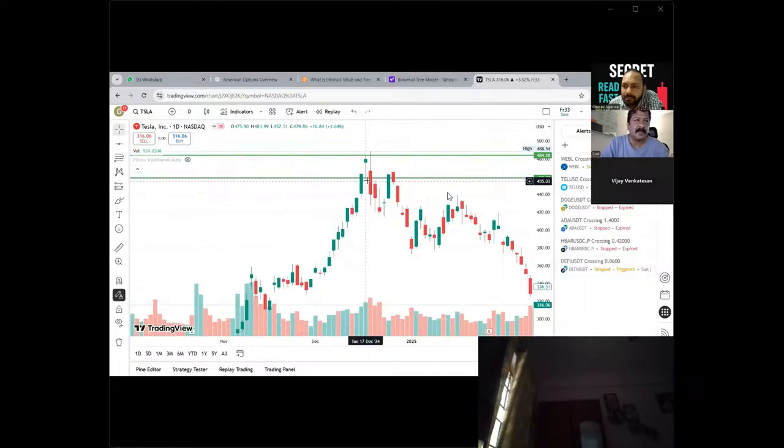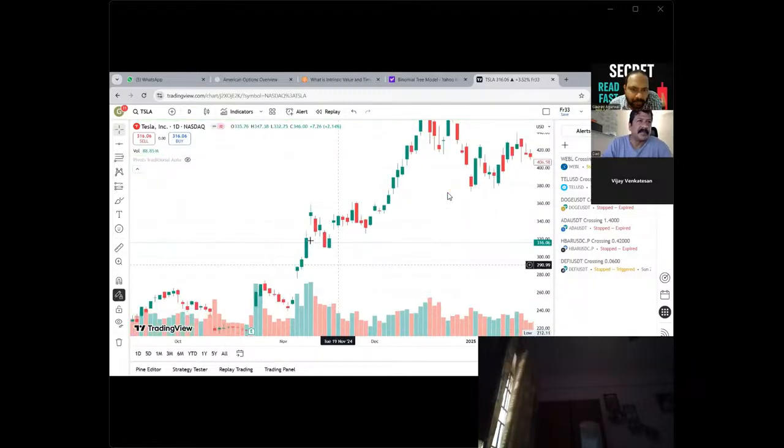I saw the top green candle, and then if you go here, maybe in the middle of November, there's a candle. This candle you are talking about? This one has different characteristics.